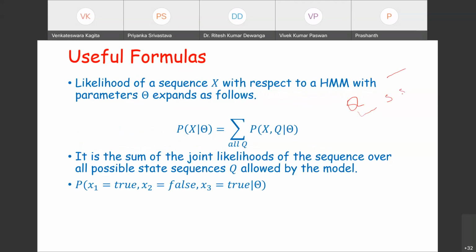It can be sunny, sunny, sunny; sunny, sunny, cloudy; sunny, cloudy, sunny; sunny, rainy, sunny; or sunny, rainy, cloudy. All possibilities you have to consider and sum over those probabilities. This we have already computed in one of the examples where the second day was missing; there we considered all the possibilities and computed, right?